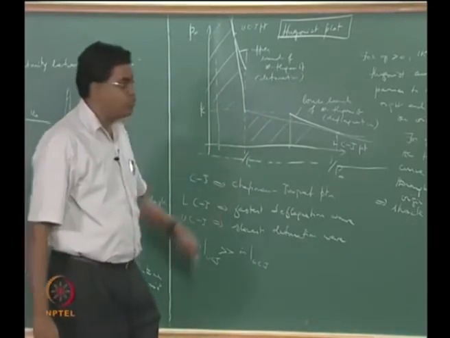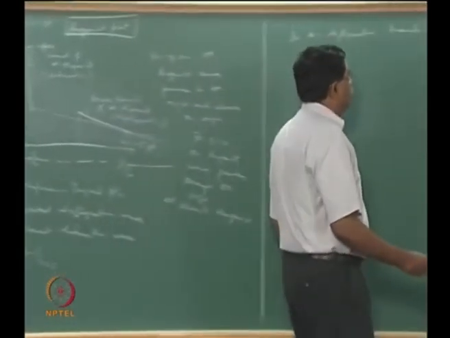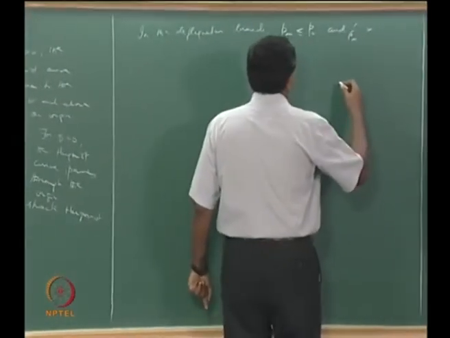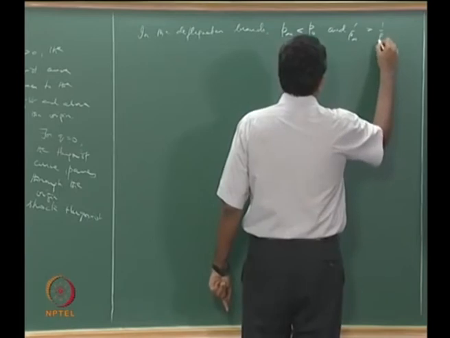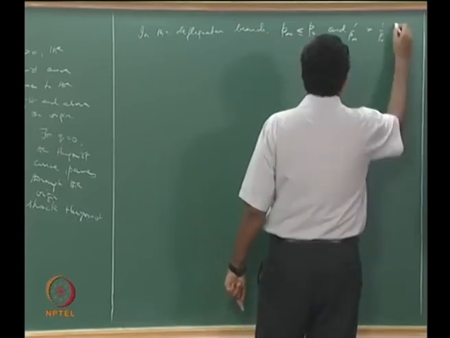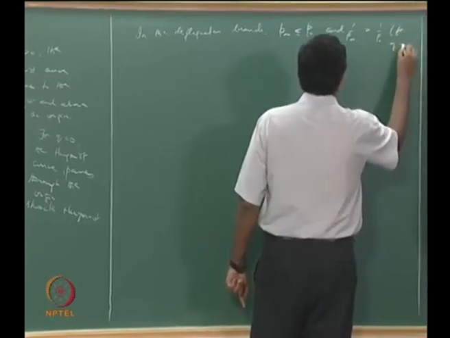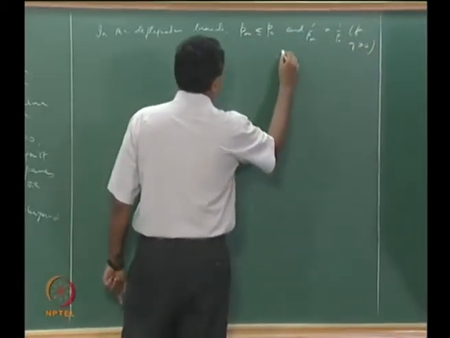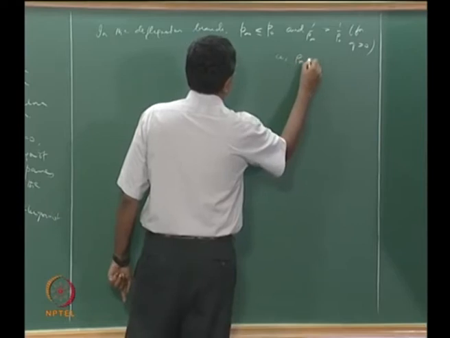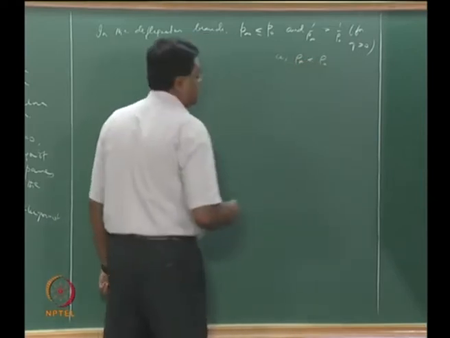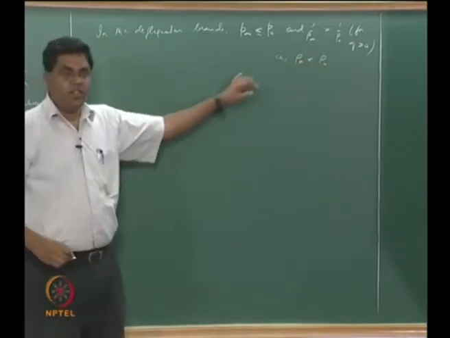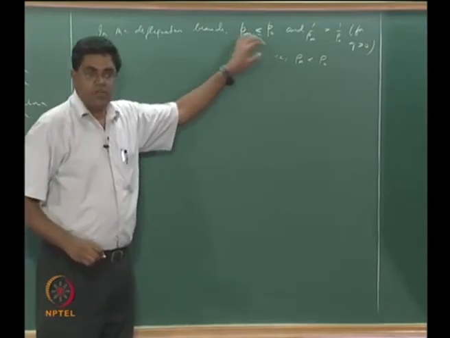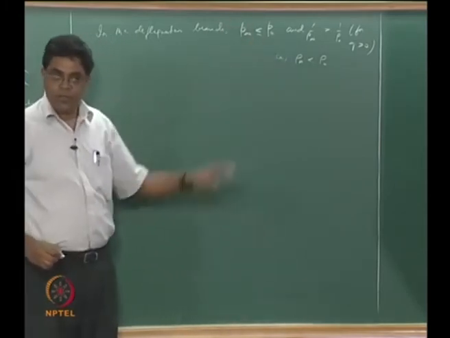For positive values of Q you can never get your 1 over rho infinity to be equal to 1 over rho naught, so it is always greater than 1 over rho naught for Q greater than 0, that is, rho infinity is less than rho naught. The density decreases and the pressure decreases, okay.